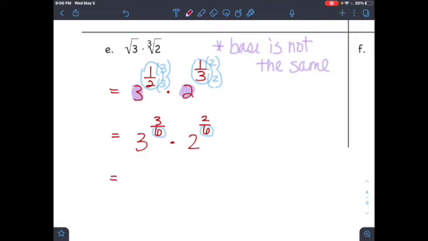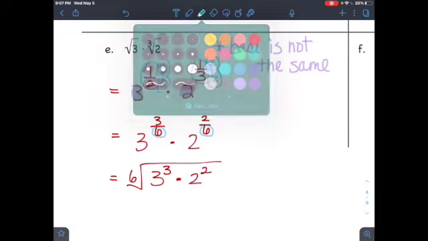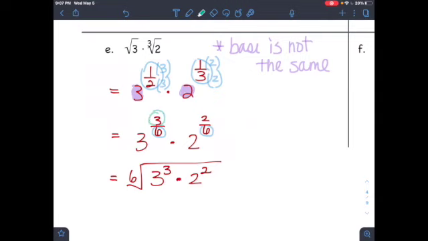So my index number is going to be 6 for both of them, and 3 to the 3rd power times 2 to the 2nd power. It comes from the numbers on top, 3 to the 3rd power, 2 to the 2nd power. Those are matching from here, and the 6 is going on the outside. So I hope that makes it a little bit better with numbers.